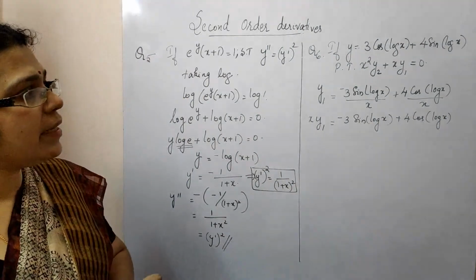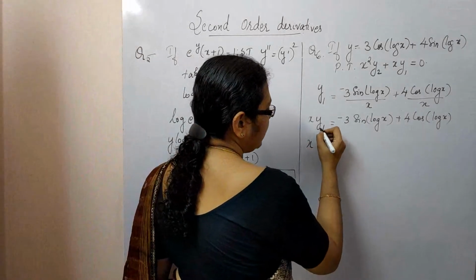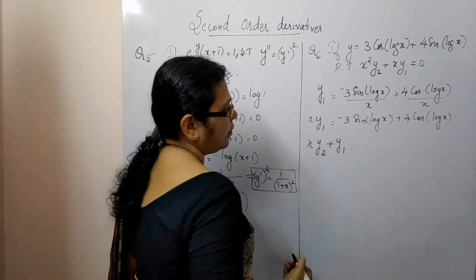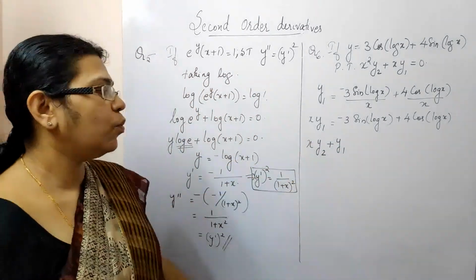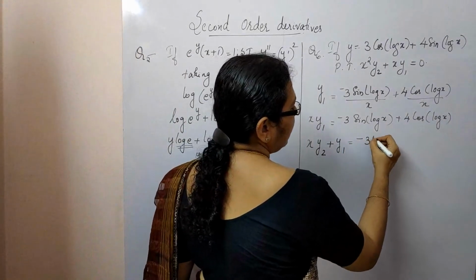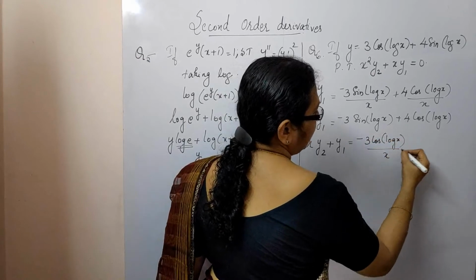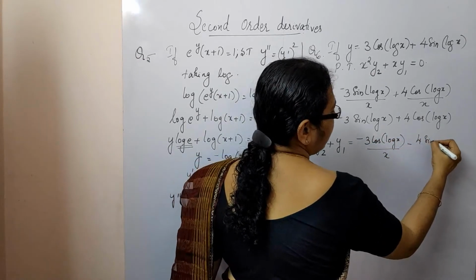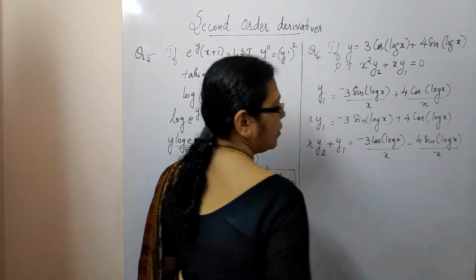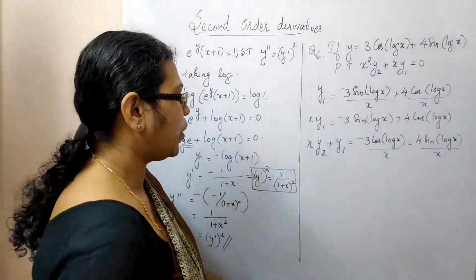Now it is the second derivative that is required. So x into derivative of y1 is y2 plus y1, right? Derivative of x is 1, is equal to minus of 3 cos log x by x minus 4 sine log x by x. Okay. Now again denominator is common x, which is brought this side.